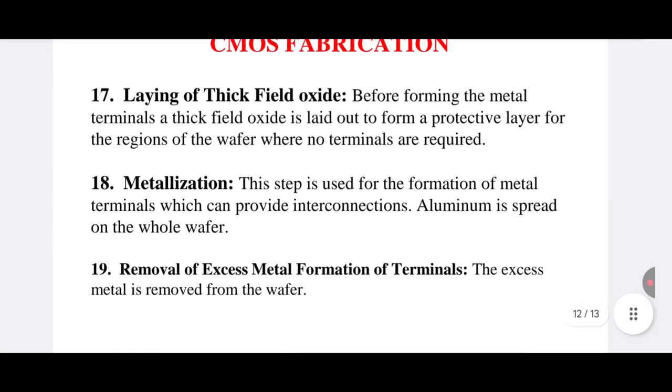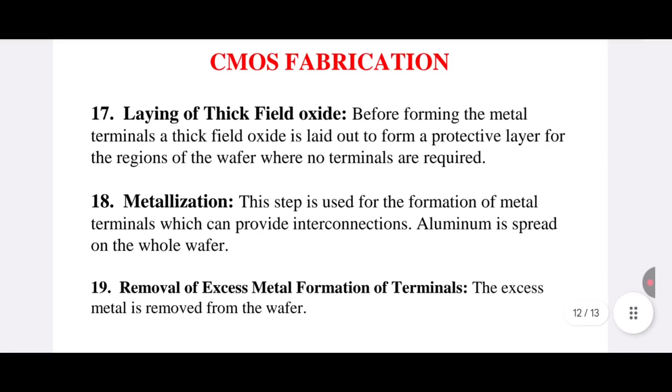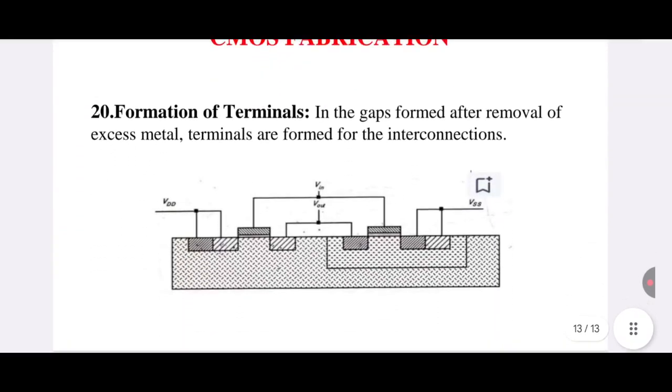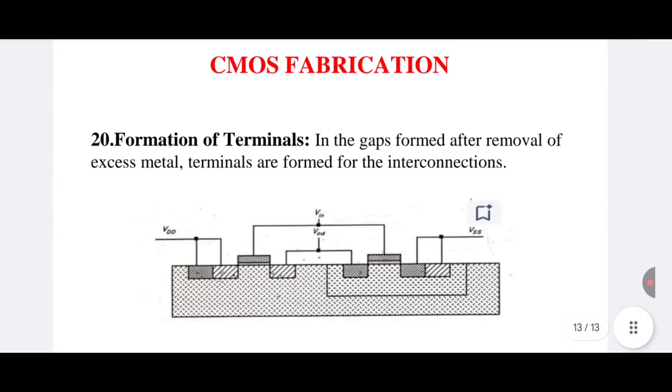And then we will carry out the metallization process, where we are going to deposit aluminum metal all over the wafer substrate in order to provide the interconnections. Then we will remove the unwanted metal regions in order to give bonding pads to the external regions. Here you could see the overall structure of the CMOS transistor made by using the P-well process.